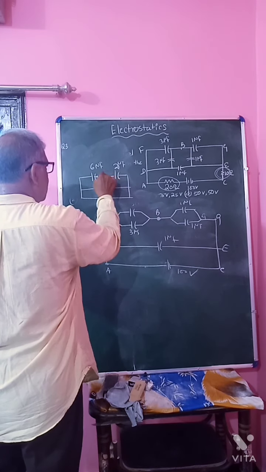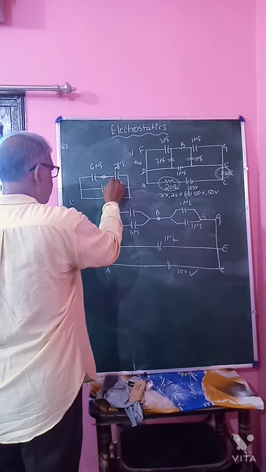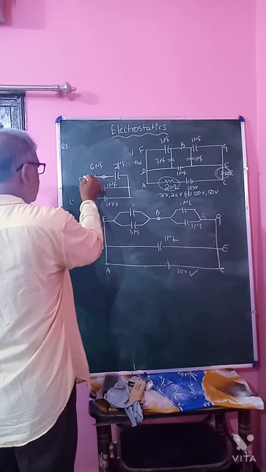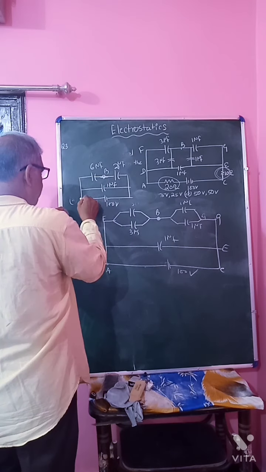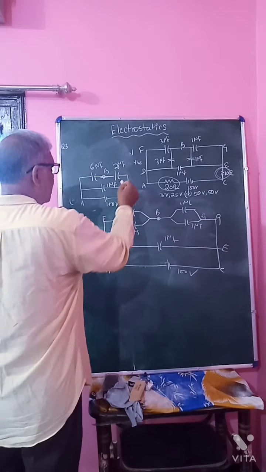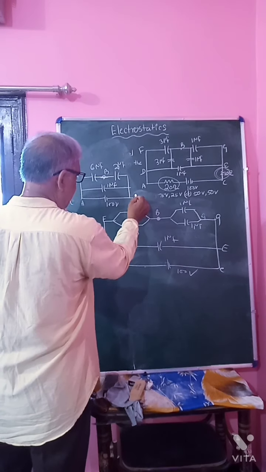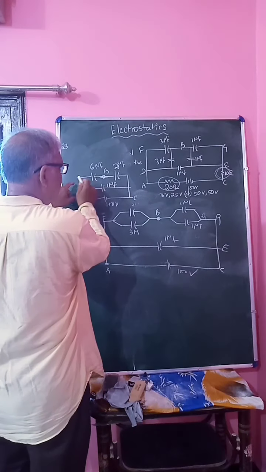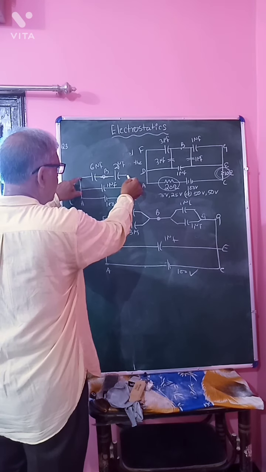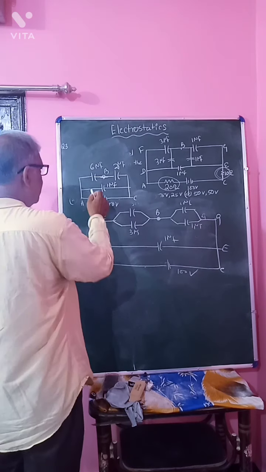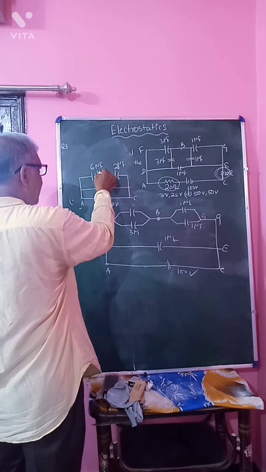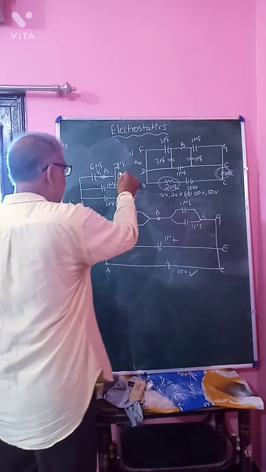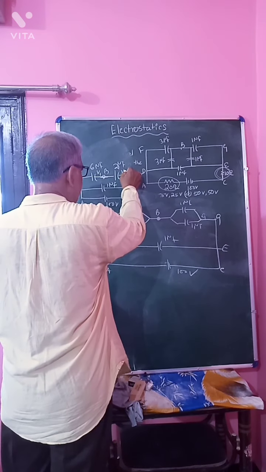Now this is the equivalent circuit. You have to find the potential difference between B and A, and between B and C. The potential across these 2 points is 100 volt. So how to find it? Say V1 is the potential across the 6 microfarad capacitor and V2 is the potential across the 2 microfarad capacitor.